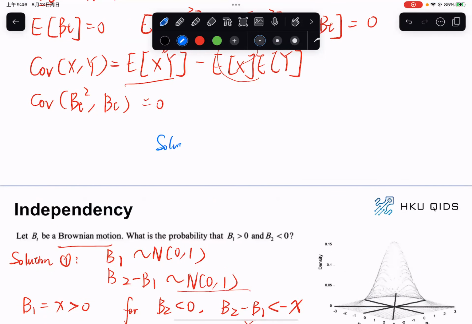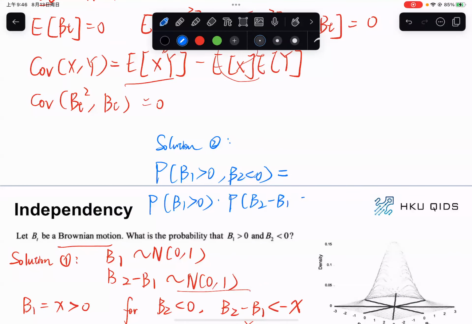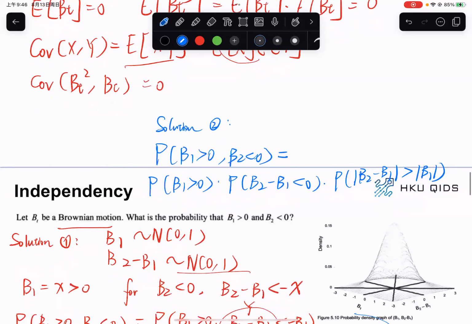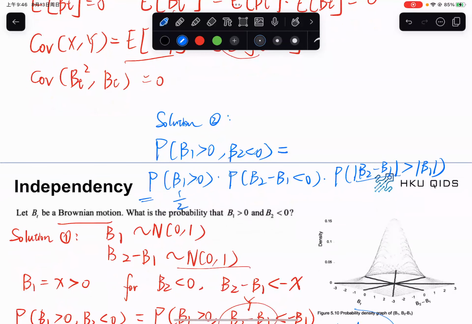So solution 2, which is also a solution I like, is that probability B1 larger than 0, B2 smaller than 0 is just probability B1 larger than 0 multiplied by probability B2 minus B1 smaller than 0, and also conditional probability B2 minus B1 larger than B1, right, by taking the absolute value. And we know this is 1/2. And this is also 1/2. And how about this? This one is also 1/2. And this is just 1/8.